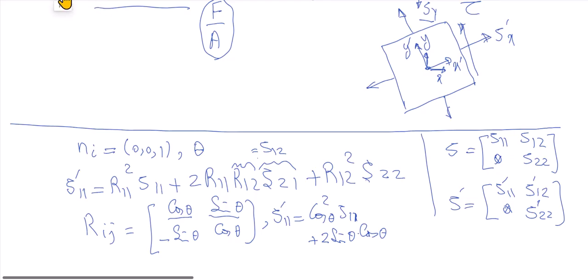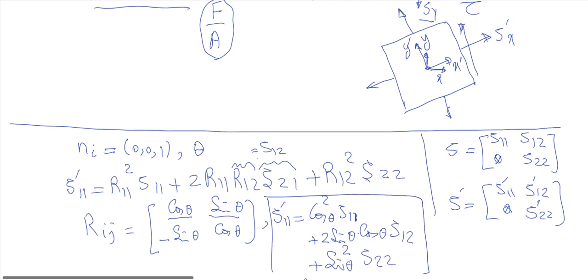So this becomes S12. And the last term, because R12 is sine, becomes sine theta square S22. This is my first equation.